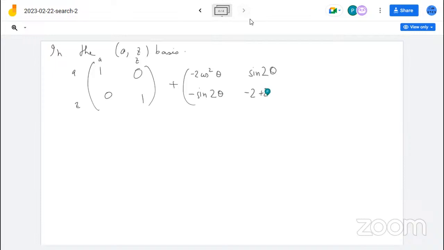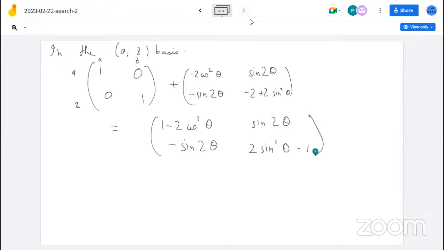And now we're there. So this is like 1 minus 2 cosine square theta, sine 2 theta, minus sine 2 theta, sine square theta minus 1. And cosine 2 theta is equal to 1 minus 2 sine square theta, which is also equal to 2 cosine square theta minus 1.